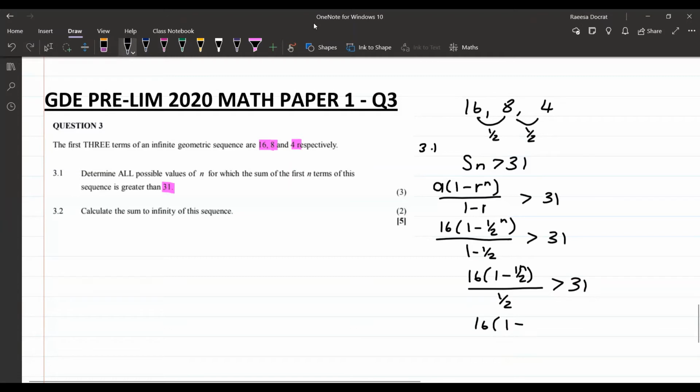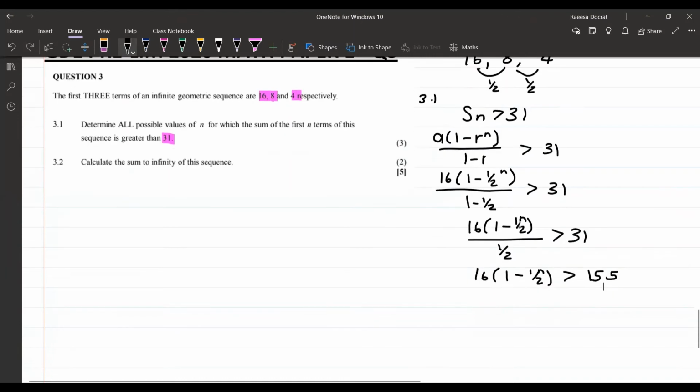So we have 16 times (1 minus a half to the power of n) is greater than 15.5, and then we're going to divide both sides by 16. So we have 1 minus a half to the power of n is greater than 31 over 32.